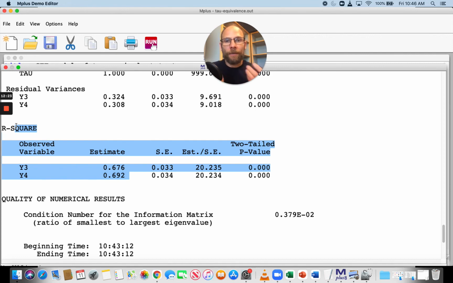Now, oftentimes we're more interested in the aggregate reliability or the composite reliability. If those tests are tau equivalent, then we could aggregate them to a sum score or a composite score, and then that composite score would have higher reliability. I will discuss how to compute the composite reliability, or reliability of the sum of Y3 and Y4, in Mplus in a separate video.